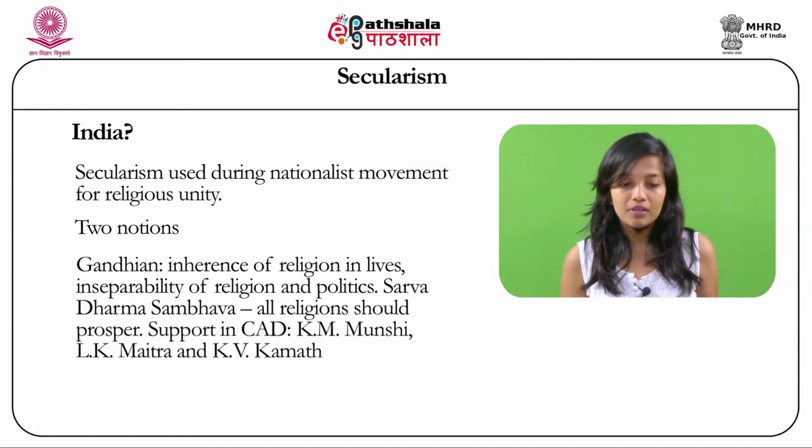This theory achieved a lot of support within the Constituent Assembly, and many members of the Constituent Assembly like K.M. Munshi, Mr. K.L. Mehta, Mr. K.V. Kamath, in different debates adopted this approach and referred to the teachings of Gandhi.